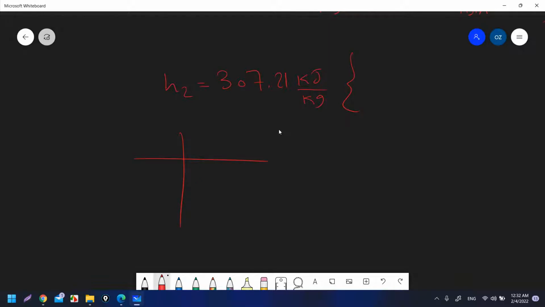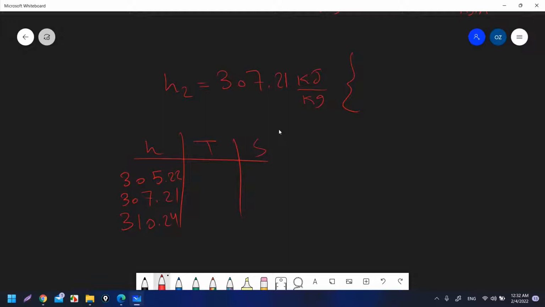So interpolation between H, T, S. Okay, for H2 5.22, my H2 is 307.21, the highest enthalpy is 310.24.